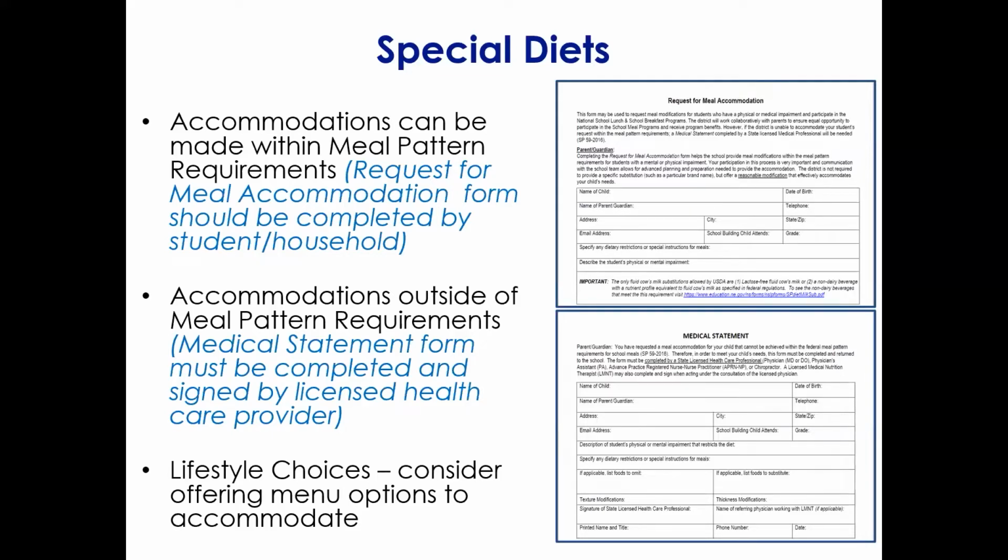So a medical statement would be necessary to show that the food service staff knows exactly what needs that student has, but also so that when we're coming in to do a review, there's that documentation to say, oh, hey, the student isn't just getting treated differently because we decided to, but rather there's adequate reason that that student would be getting an alternate meal item and something that would be outside of that meal pattern requirement.